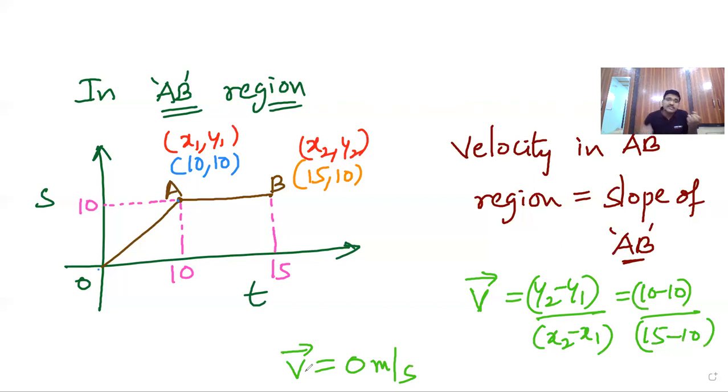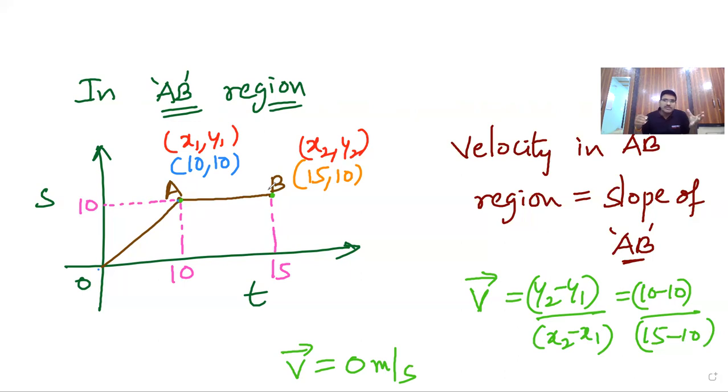Why are we getting velocity 0 in the AB region? Observe. At point A, the displacement is 10. At point B also, the displacement is 10 only. That means from A to B, there is no movement. Whatever the vehicle or person is, there is no movement from A to B. Displacement is 0.